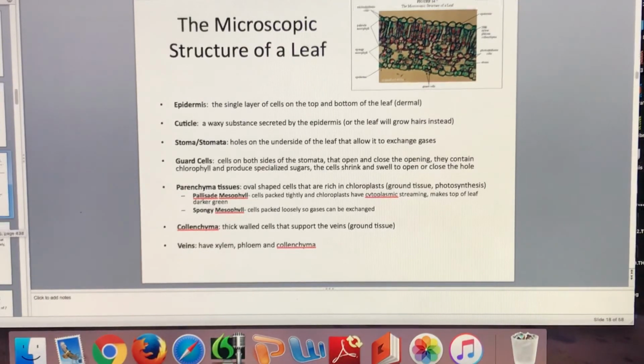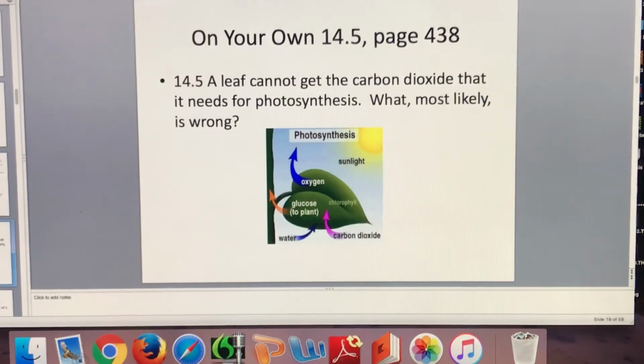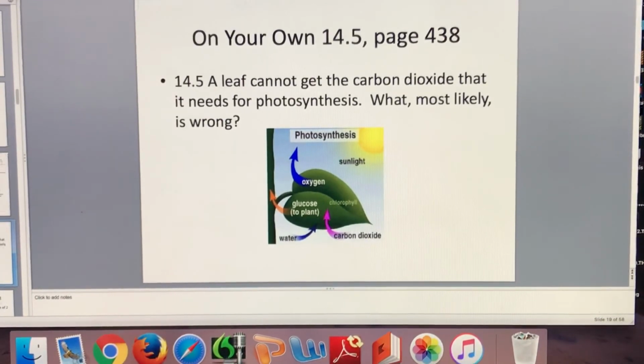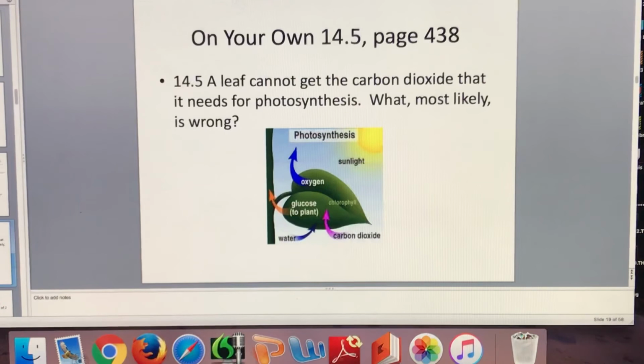All right, let's look at on your own 14.5. So it says a leaf cannot get the carbon dioxide that it needs for photosynthesis. What most likely is wrong? So in this case, we're concerned about the carbon dioxide permeating into the plant.